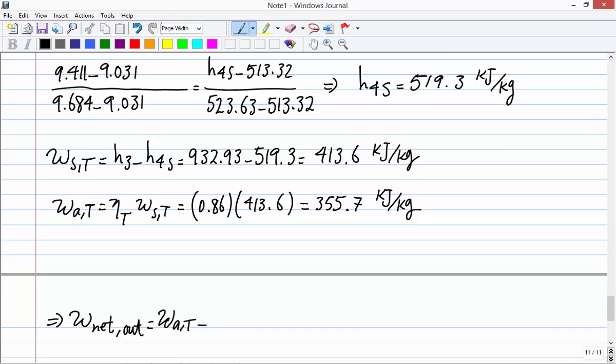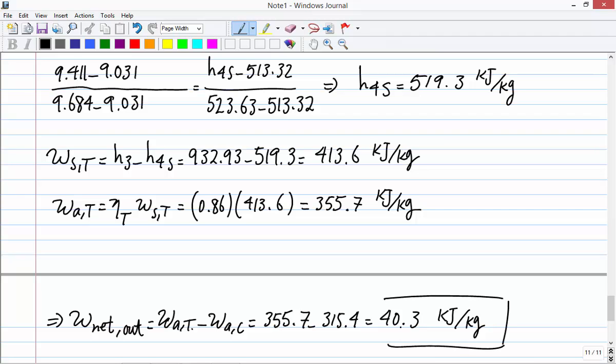The whole point of this process is the actual work of the turbine minus the actual work of the compressor: 355.7 minus 315.4, which is 40.3 kilojoule per kilogram. So if I use 1 kilogram of air, the total work coming out is that.